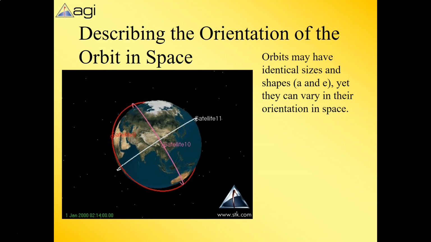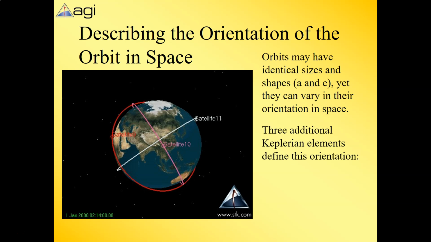Okay, with that said, orbits may have identical sizes and shapes. In other words, they may have the same semi-major axis, same A, and the same eccentricity, same E. Yet, they can vary in their orientation in space. Three Keplerian elements define this orientation.